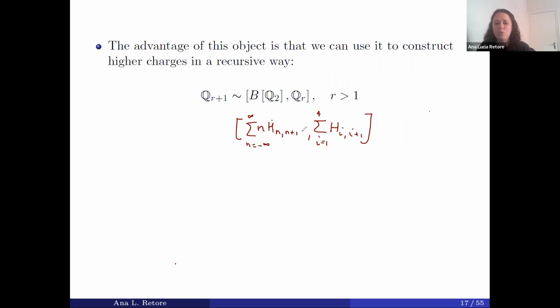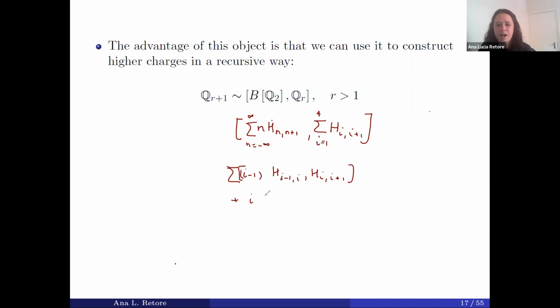And then we know that this commutator is only not 0 when n is I plus 1, because then we have H I minus. When n is I minus 1, you have this, which is not 0.